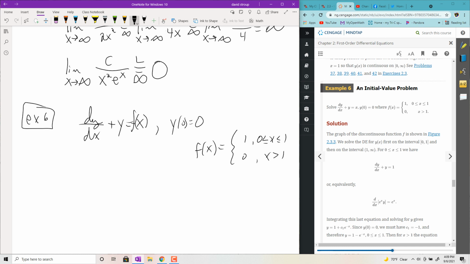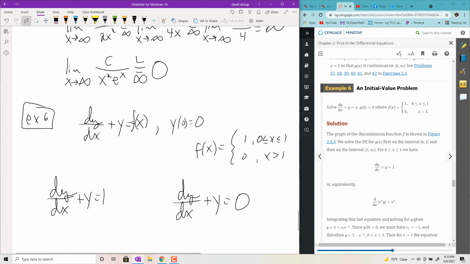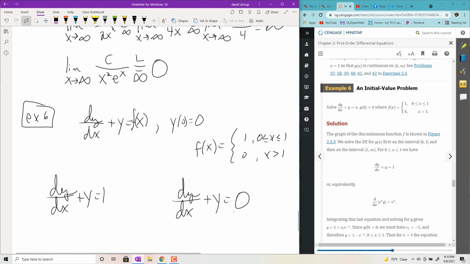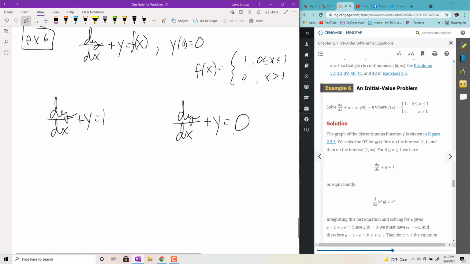So what you're going to do is solve each one of these versions. So you have dy over dx plus y equals 1. You're going to solve that. And then you're going to turn around and solve this. Okay. You'll use the initial value to solve for the constant in the first problem to get your particular solution.